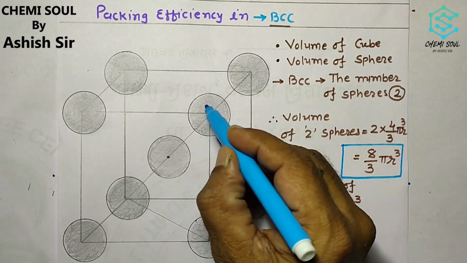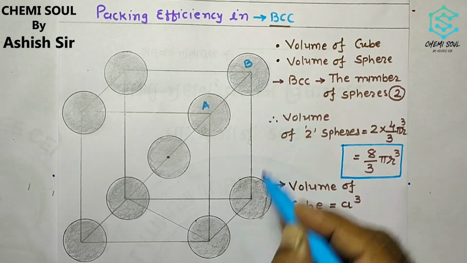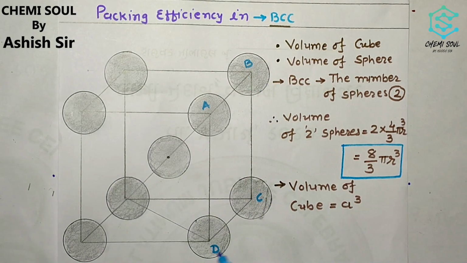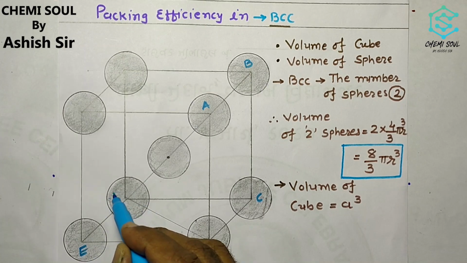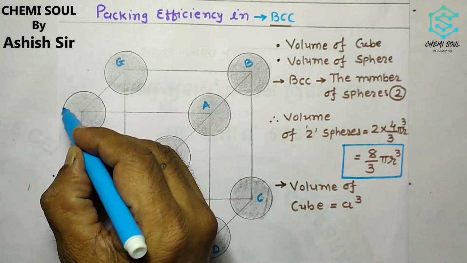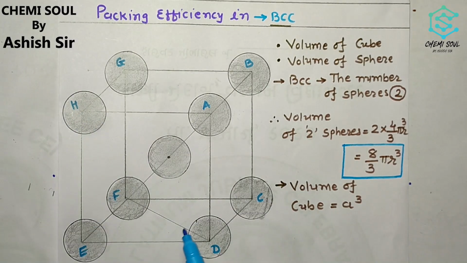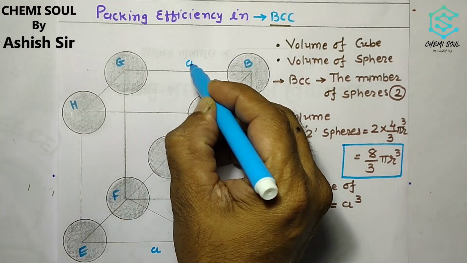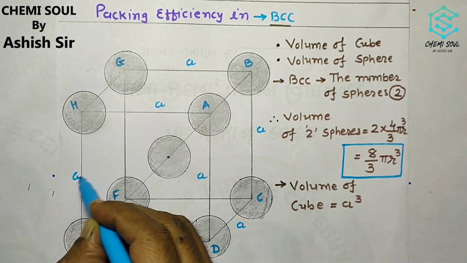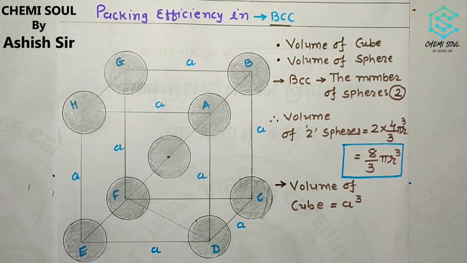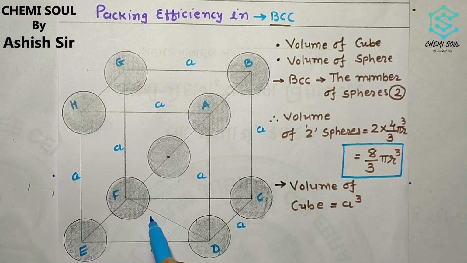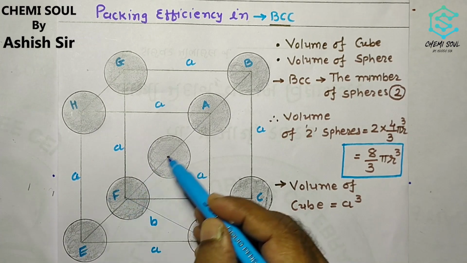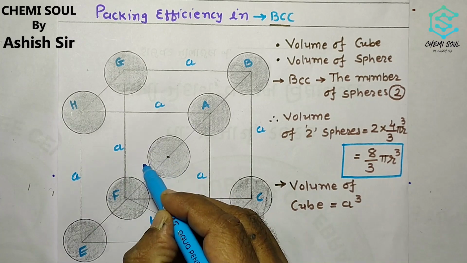We can mark the figure with A, B, C, D, E, F, G and H. In a cube, we know that all edges are equal, so we can label the length of all these edges as a. Now the value of FD becomes b and the value of FA becomes c.